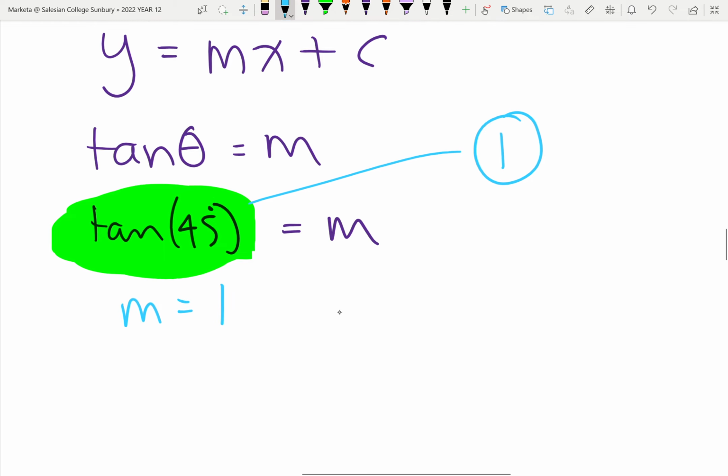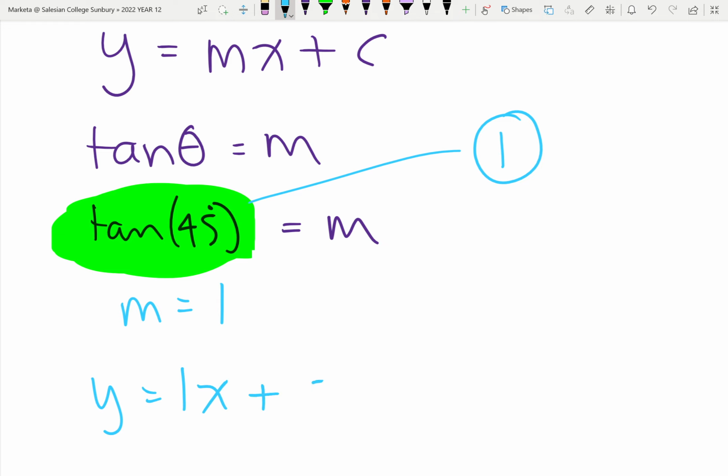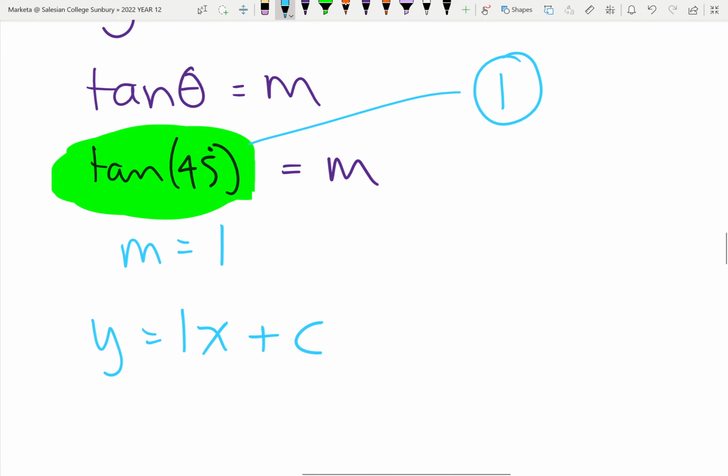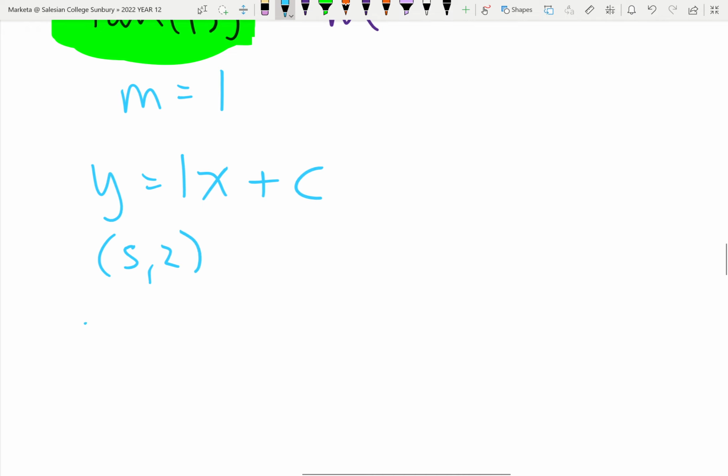So far we've got y equals 1x plus c. Of course, the 1 is not necessary there, but I write it just to point out that we have solved the gradient, and now we just need to find c. It passes through the point (5, 2). So let's just pop the point in. 2 is y, so 2 equals 5 plus c.